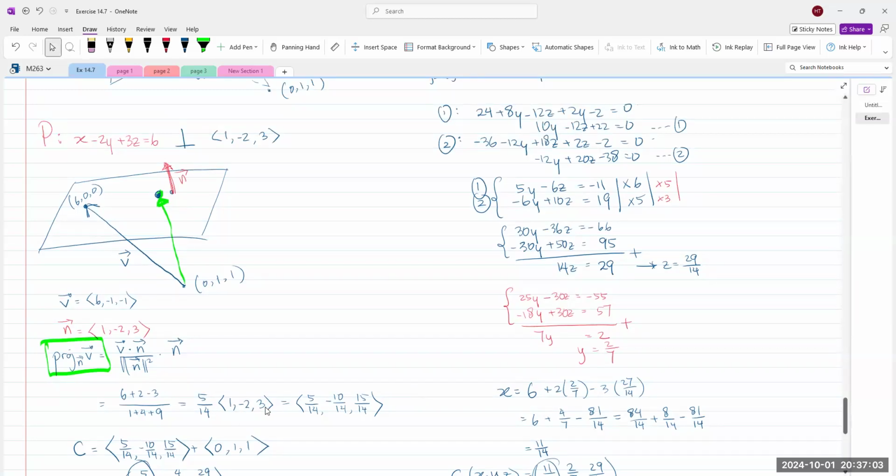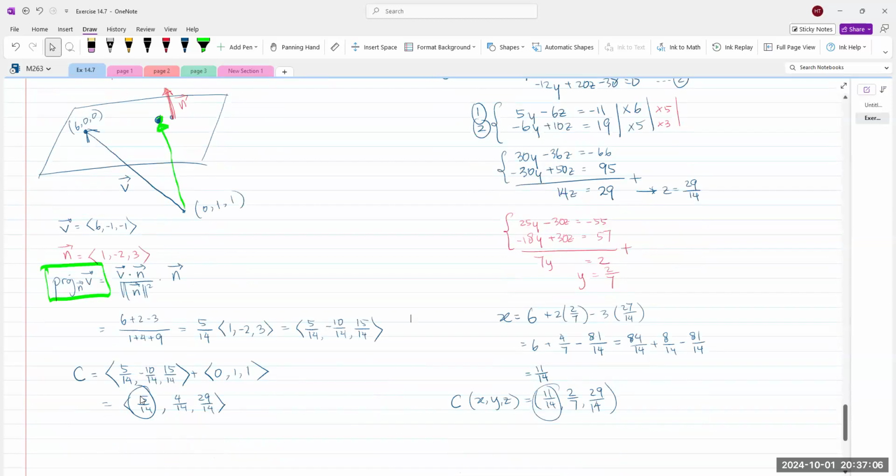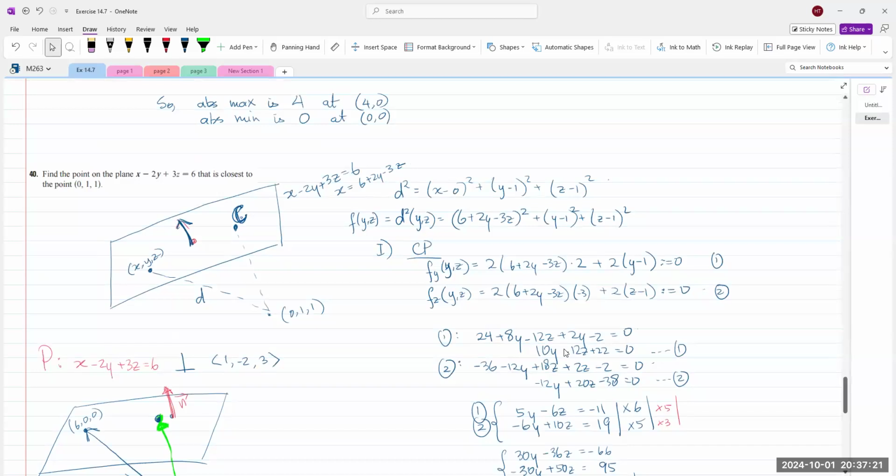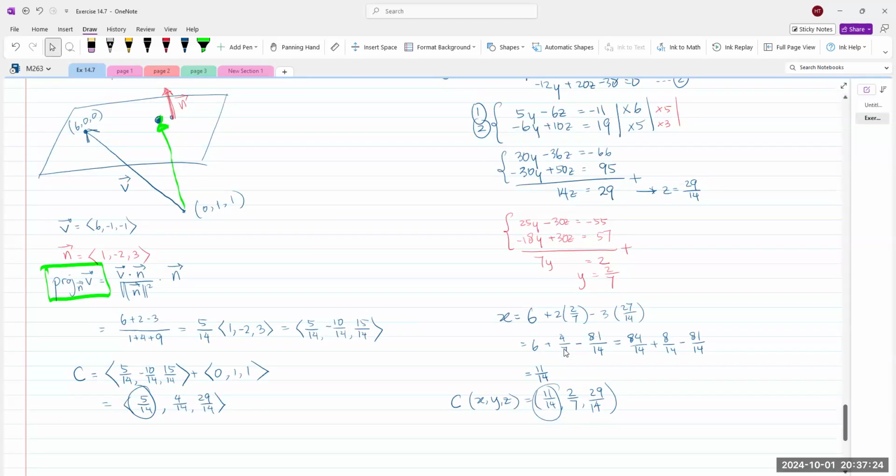So 5, -10, 15. That's right. I wonder why these are not the same. The x components are not the same, but my y and z are the same, right? Unless I made a miscomputation here.